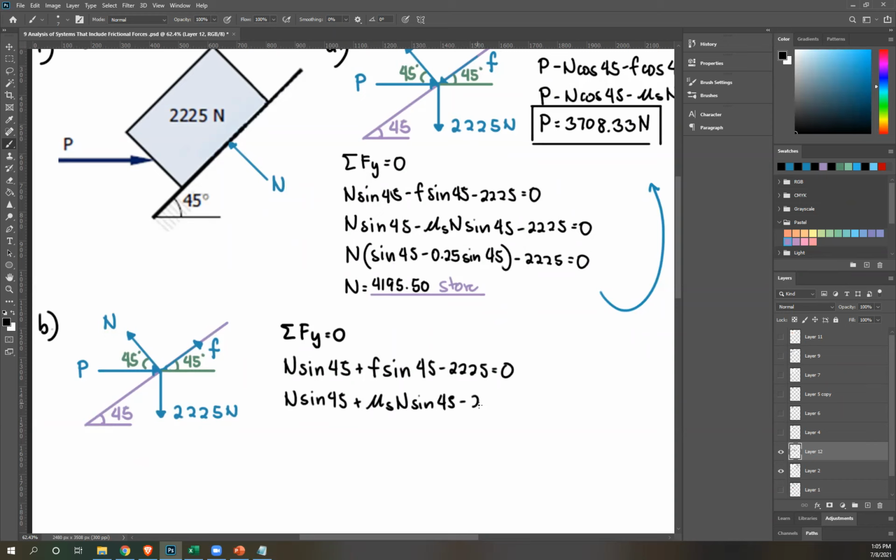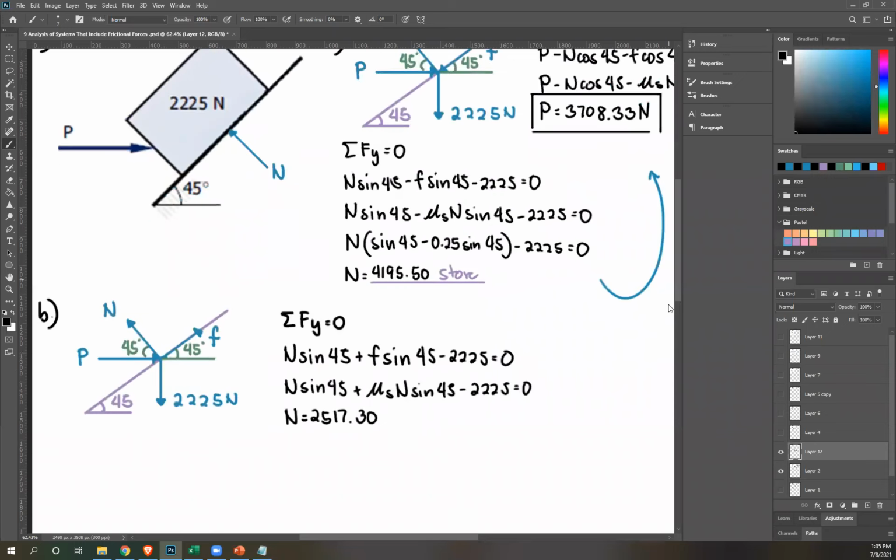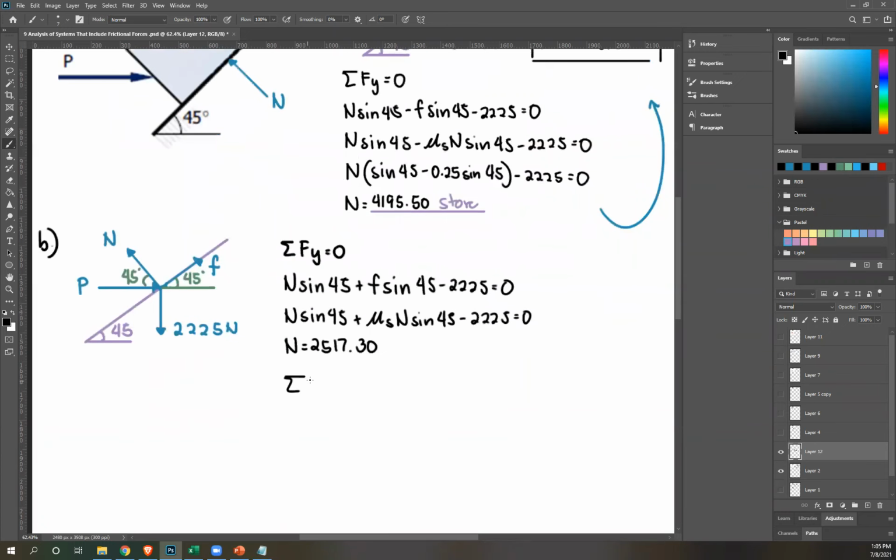Mu s is 0.25. We can solve for n here. I'm not gonna go through this anymore, okay? So n is 2,517.30.